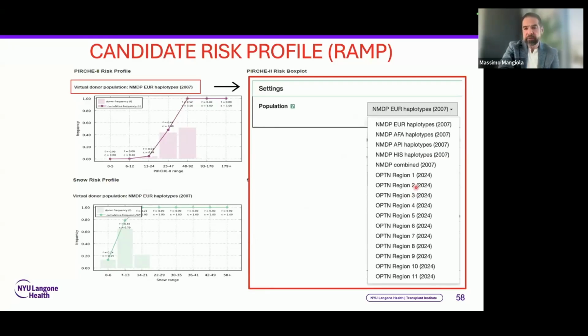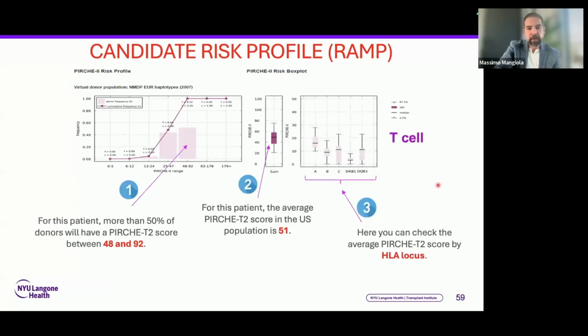And I did connect with PIRCHE to recommend a combined OPTN calculator for population. So you could technically do your RAMP score for your patients for local offers versus national offers.